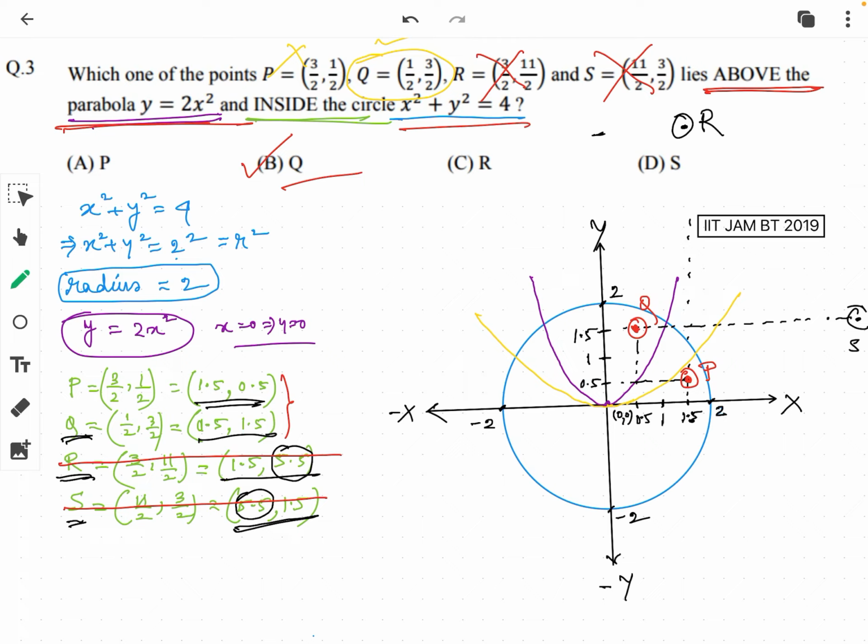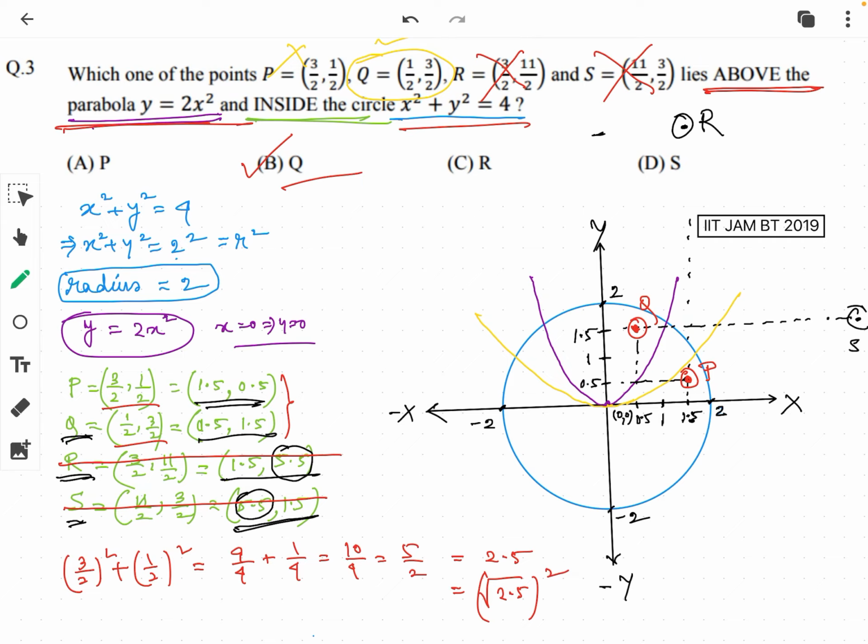We get 3 by 2 square plus half square, right? That is equal to 9 by 4 plus 1 by 4, that is 10 by 4, that is 5 by 2, which is equal to 2.5. That means we can write root over 2.5 square.